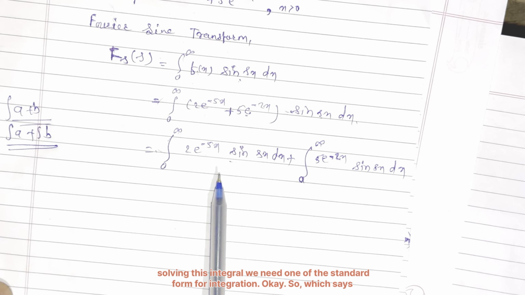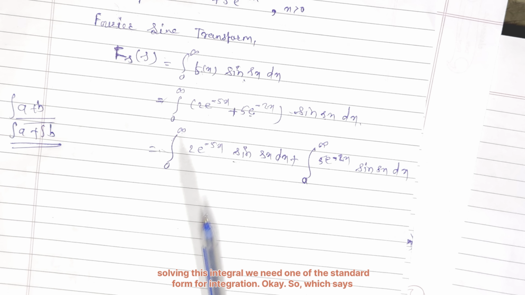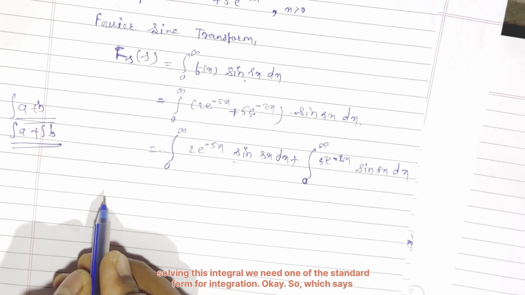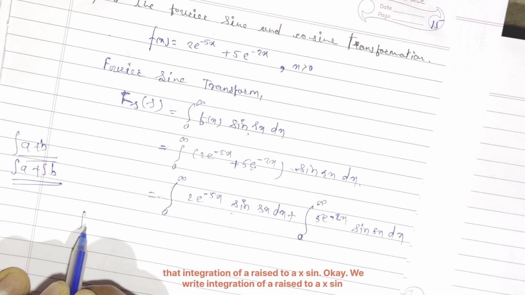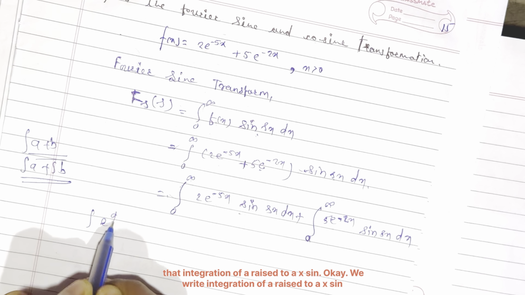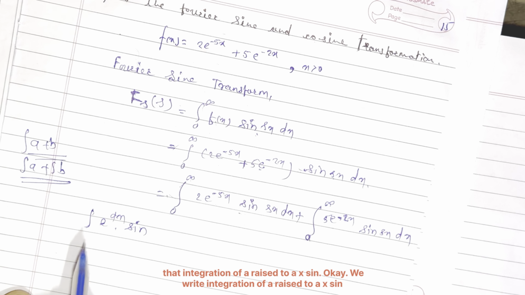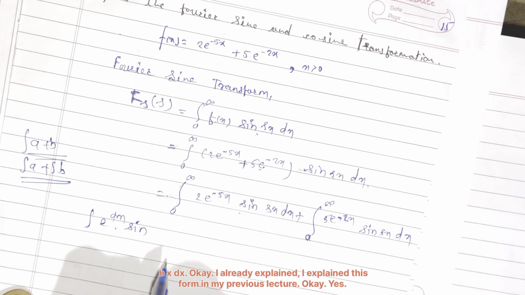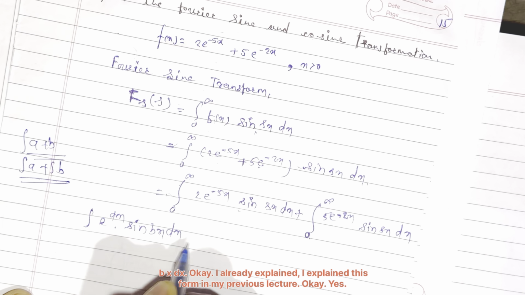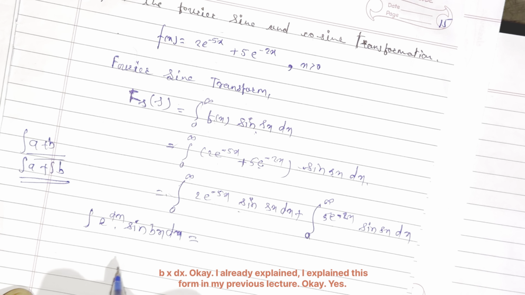For solving this integral we need a standard form of integration, which says the integration of e raised to ax sine bx dx. I already explained this form in my previous lecture.